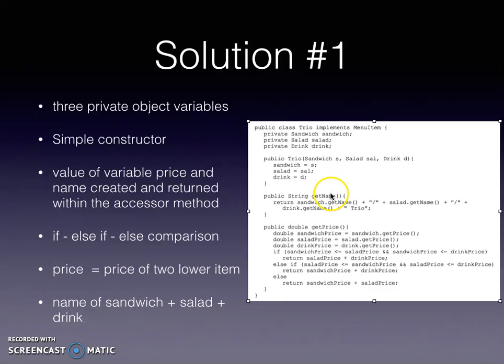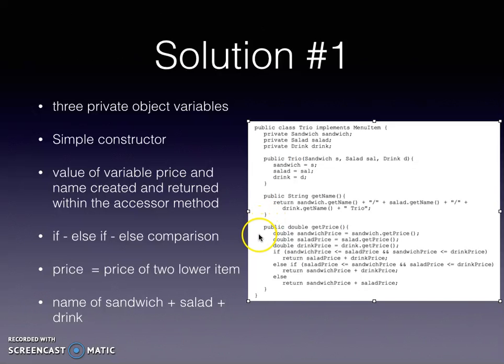But in the getName method, the return statement contains the whole process of producing the value for the name. It should be put in a certain order: the name of the sandwich, the name of the salad, and the name of the drink, with a string trail, and we should ensure that the return value is a string.